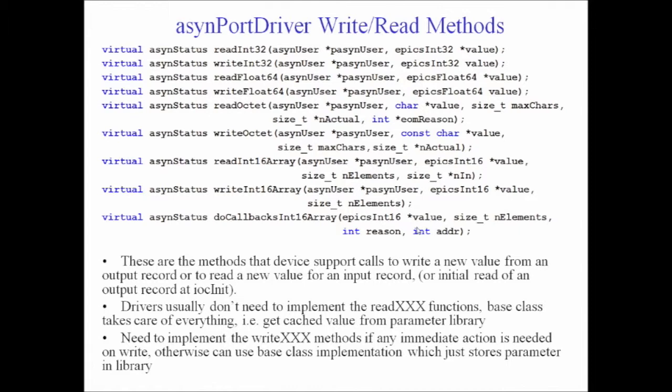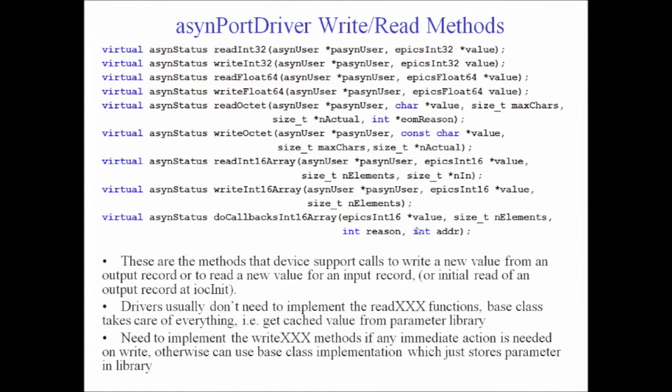As long as your driver did setInt32Param, you don't need to implement the readInt32 function unless you really need to do something when that read function is called. So the base class typically takes care of everything for the read functions.